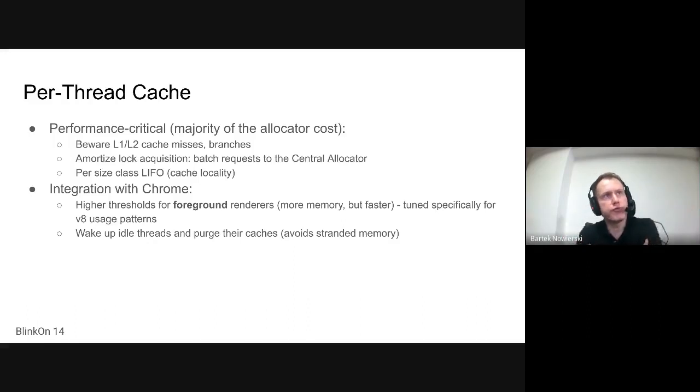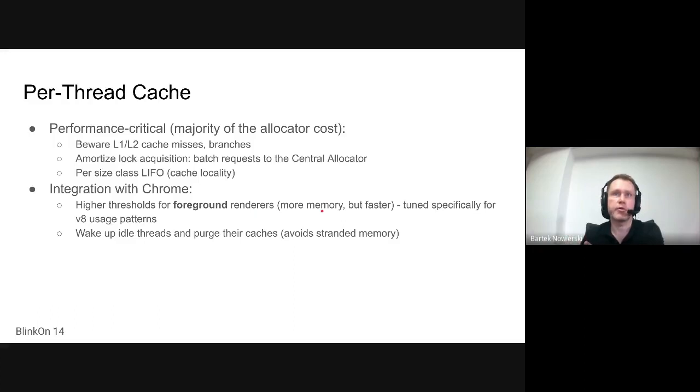We also fine-tuned thread cache specifically for Chrome usage. After analyzing the Blink usage patterns, or specifically V8, we realized that it allocates larger amounts of memory than we typically cache. So we had to increase the thresholds, but specifically we limited it to only the renderer process.